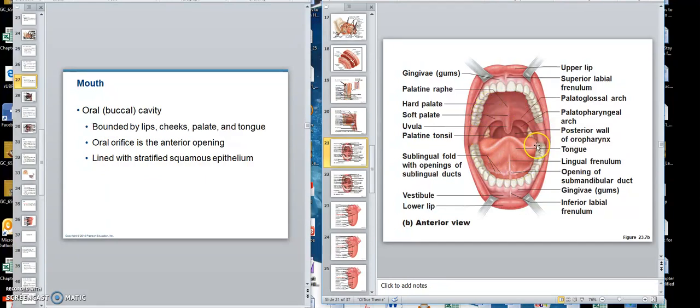See, this is a non-keratinized stratified squamous, unlike your skin, which is a keratinized stratified squamous. Remember, you want stratified squamous because those cells can shed off. And the mouth is getting a lot of stuff coming in, food and everything, which would shave the epithelium off. So you need a stratified.